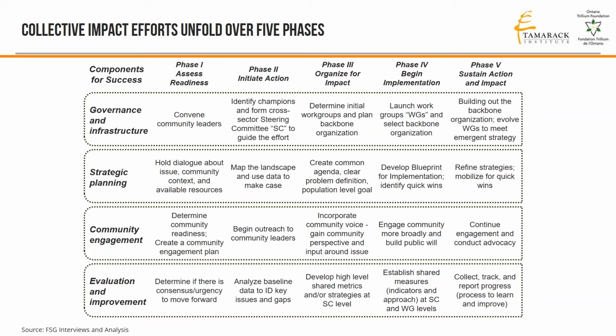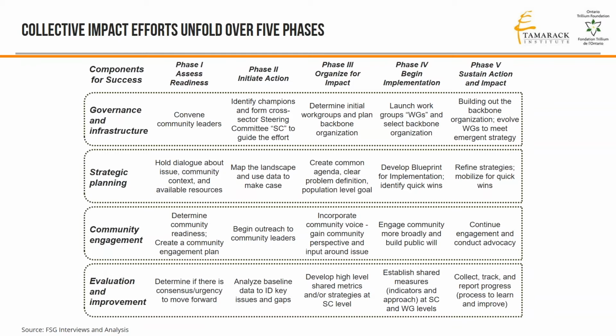However, if they're a community that doesn't have as many connected tissues, they don't have as many leaders in the community, or they haven't done a lot of work together in the past, they might spend a little bit more time on phase 1, in assessing readiness and getting people to the table and talking about the urgency of the issue, those kinds of things.